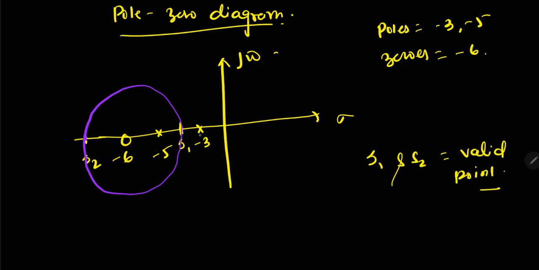From this point K is equal to 0, K is equal to infinity, and from this point K is equal to 0.